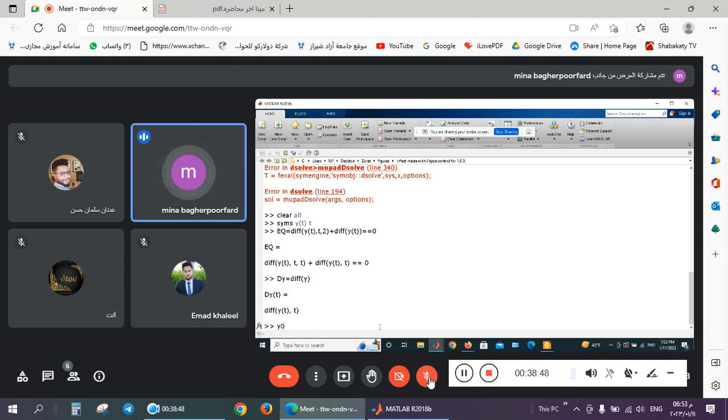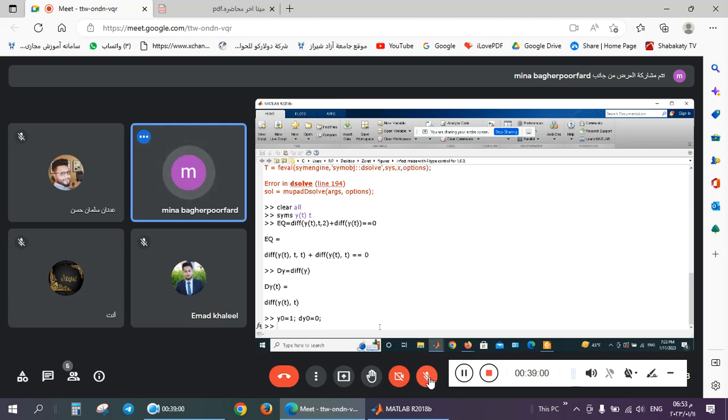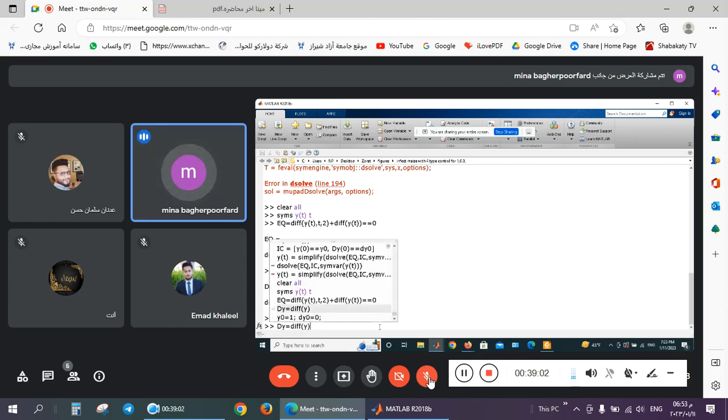I define y0, for example, as 1, and dy0 as 0. Now I have the values for y0 and dy0, so I can define the initial conditions.